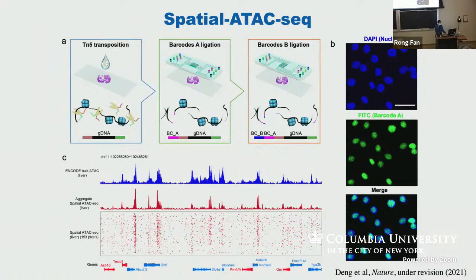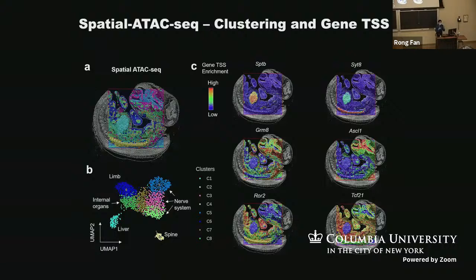What you are seeing here is the reference data from the ENCODE database, and this is from our aggregate sequencing data, but you can also see individual pixels. This is embryonic mouse liver. If you look at the entire mouse embryo, based on the spatial chromatin accessibility data, you can already do very nice clustering and identify different tissue types.